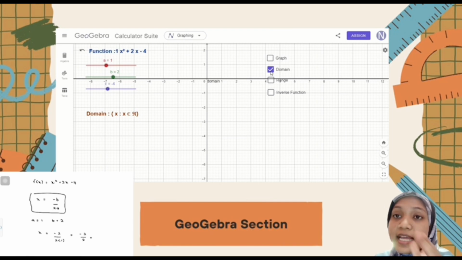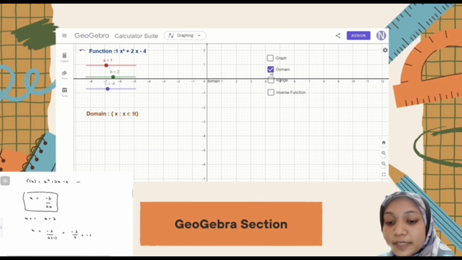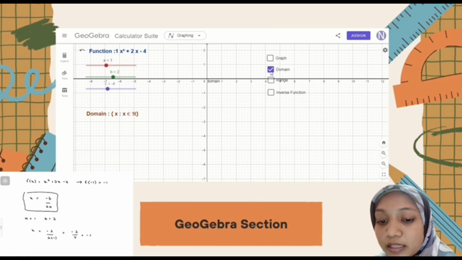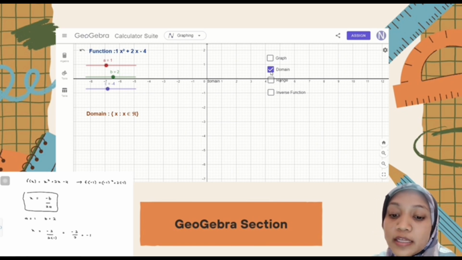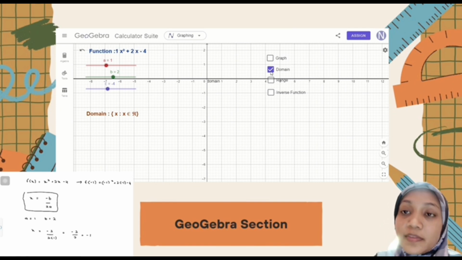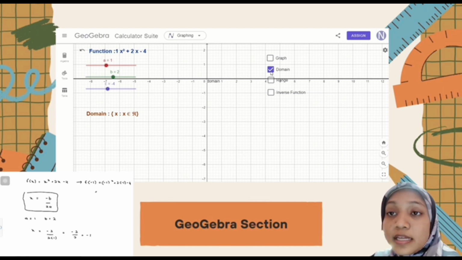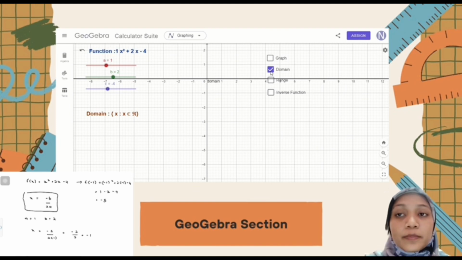So we put the value of x into the equation, f of negative 1, which is negative 1 squared plus 2 multiplied by negative 1 minus 4. Solving it, we get negative 5. So our minimum point will be negative 5.